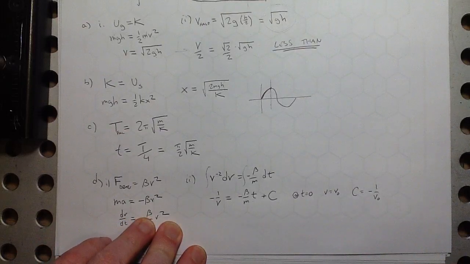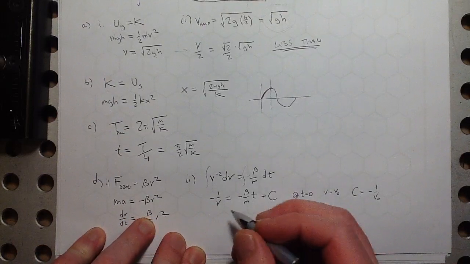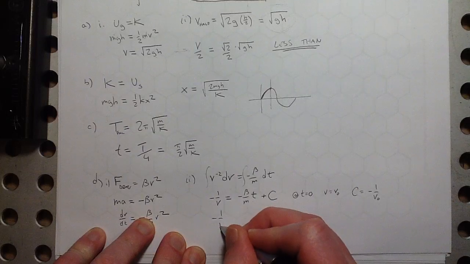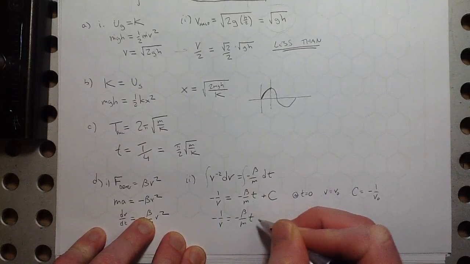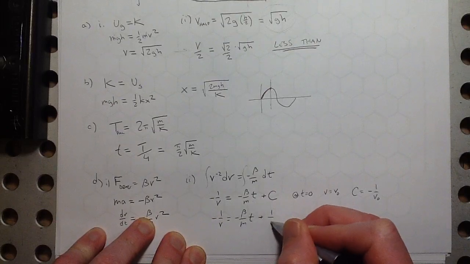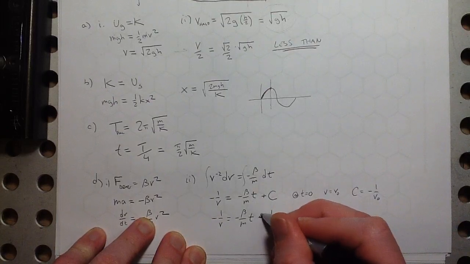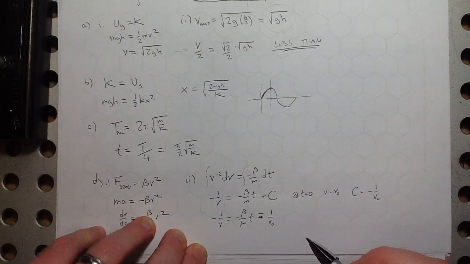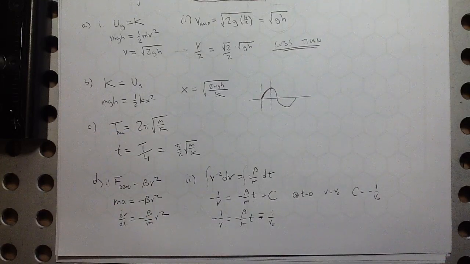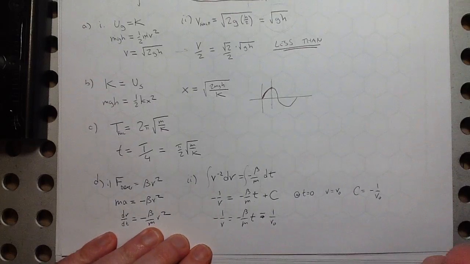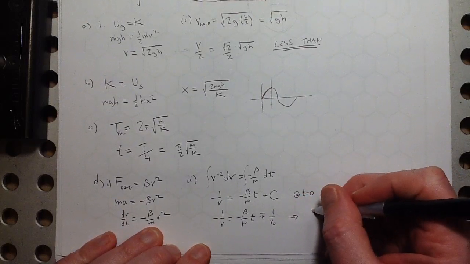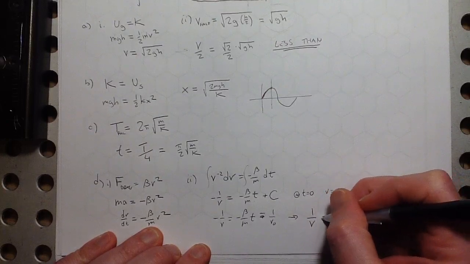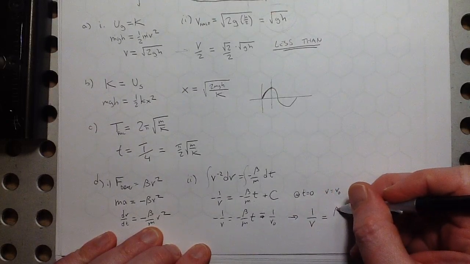You can write out another step there if you like. So that means negative 1 over v is equal to negative beta over m times t plus negative 1 over v sub 0. And we have shown what they want, except they just multiply through by negative, since every term is negative, so we can do that. Why not?